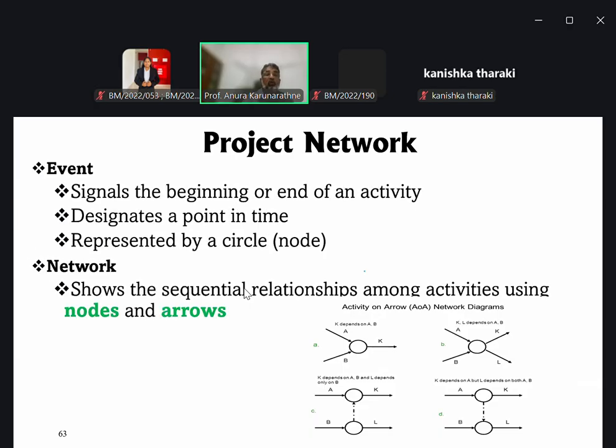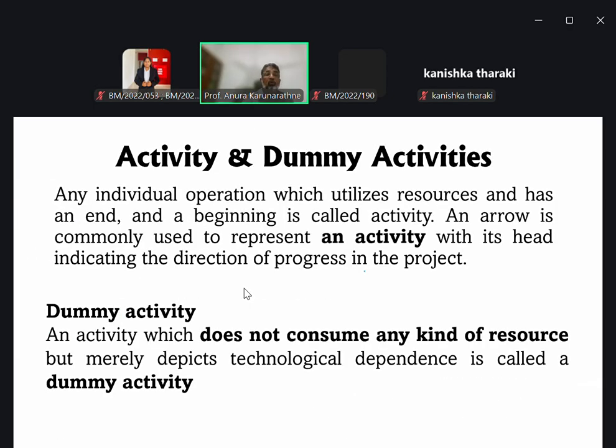Now this does not consume any resources or time, but merely depicts technological dependence, and is called a dummy activity, right? So in order to avoid that kind of intersection among arrows, we can go for the dummy activity, right?